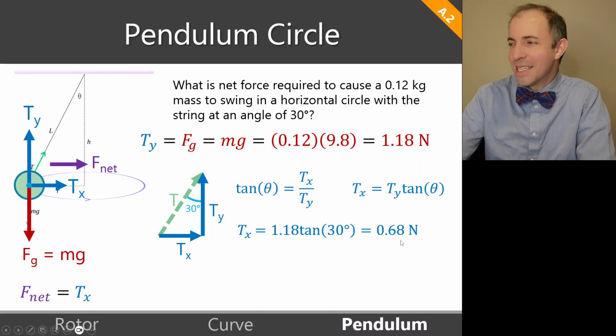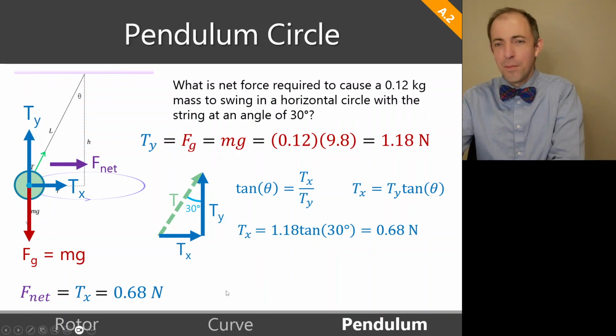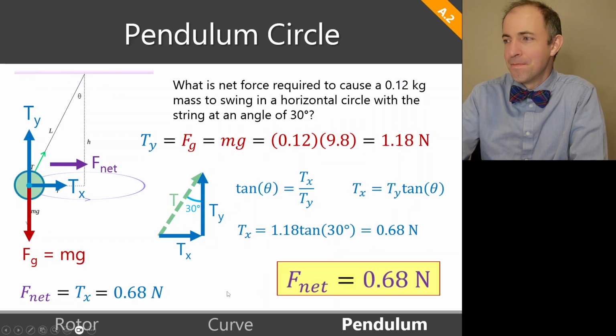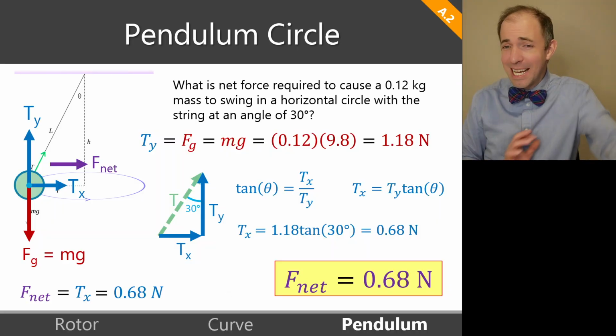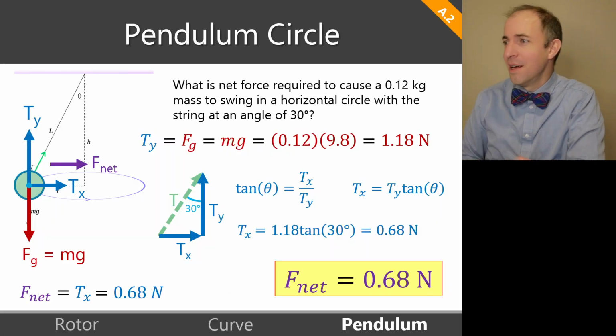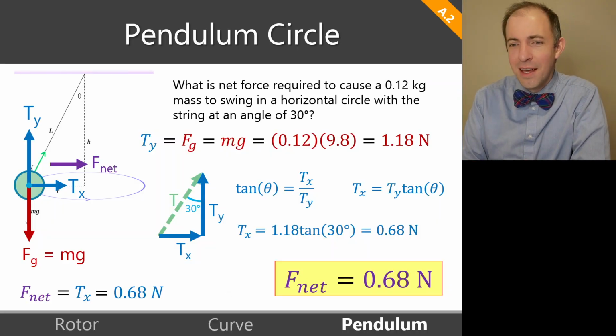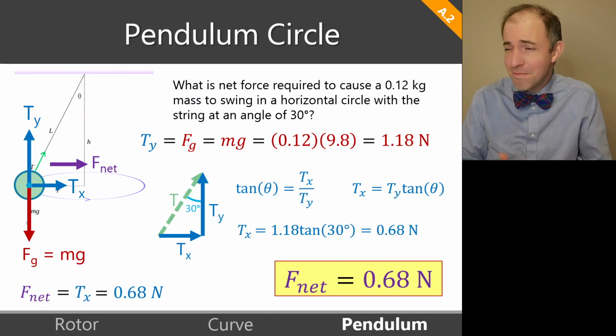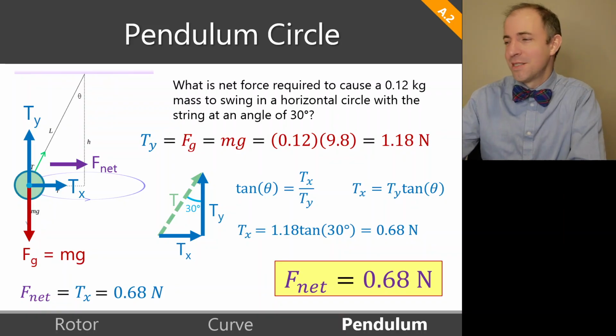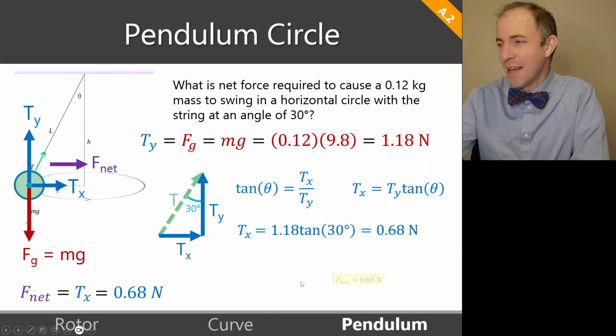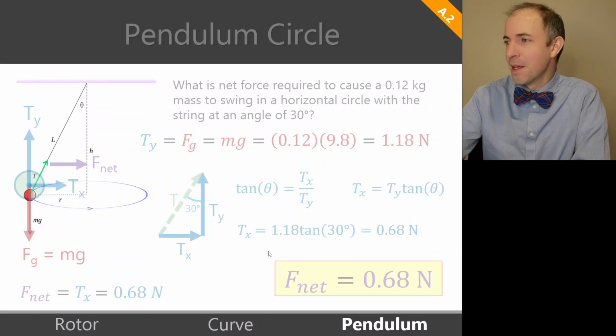That gives me 0.68 newtons, which, if net force is equal to Tx, means my net force is also 0.68 newtons. Now, I could probably take that further. I know some stuff about this that I could solve for some of the motion, the acceleration, all of those things. But for now, we're just going to leave it as a net force because that's what it's asked for.